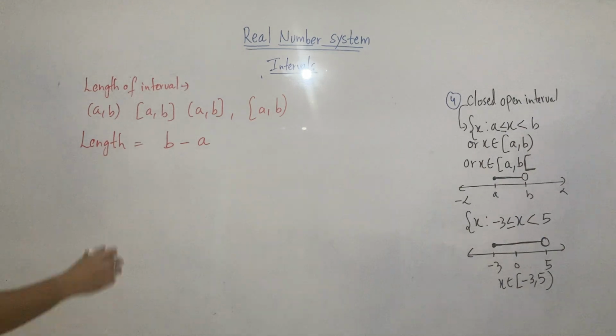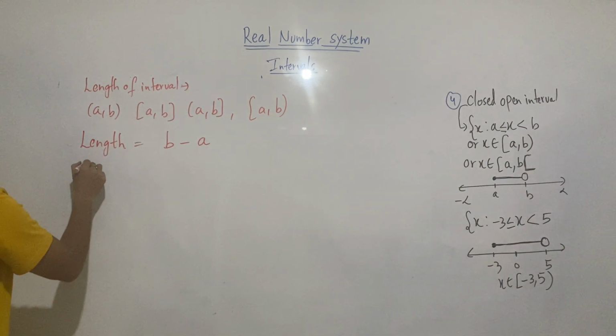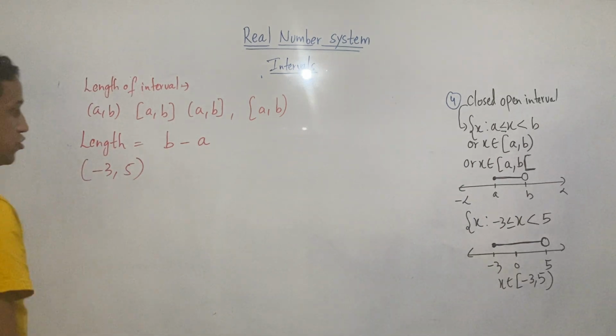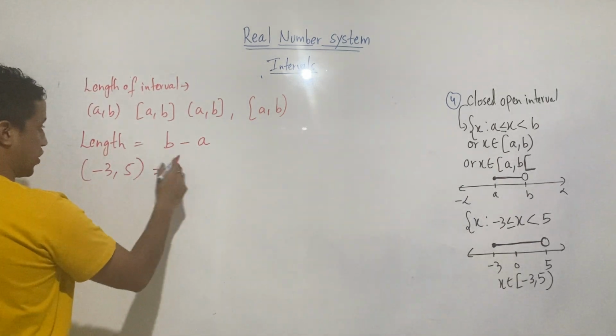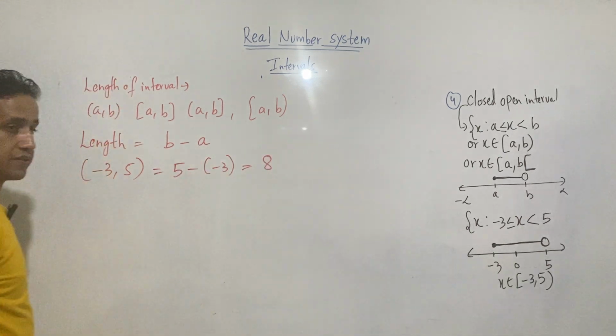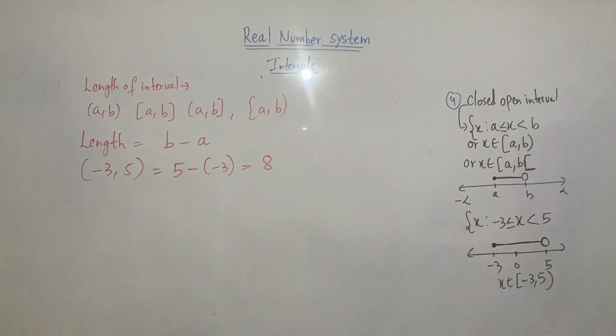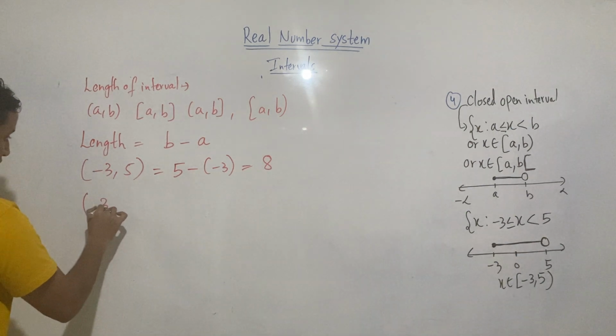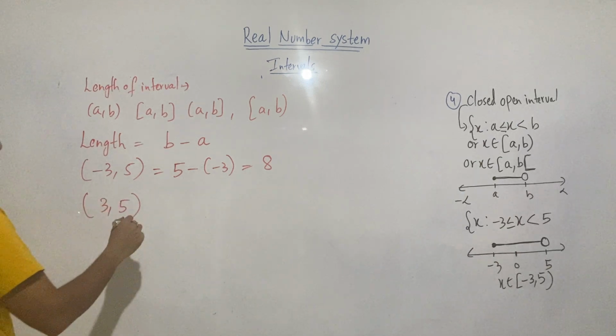Let's say you have to find the length of the open interval minus 3 to 5. The length is going to be 5 minus (-3), which is 8. Let's say you have to find the length of the open interval 3 to 5.